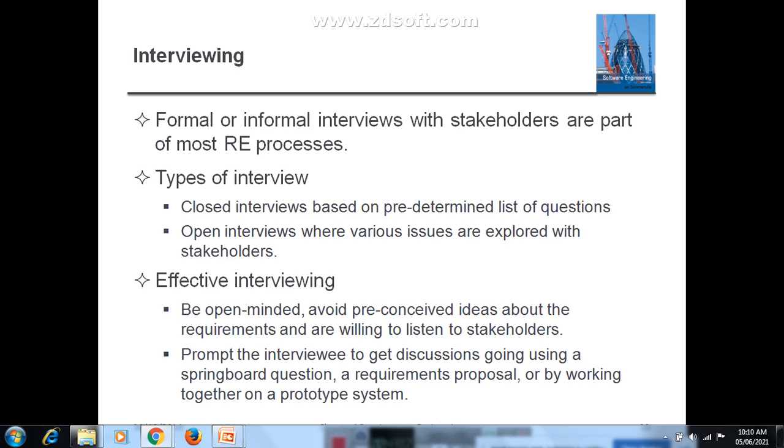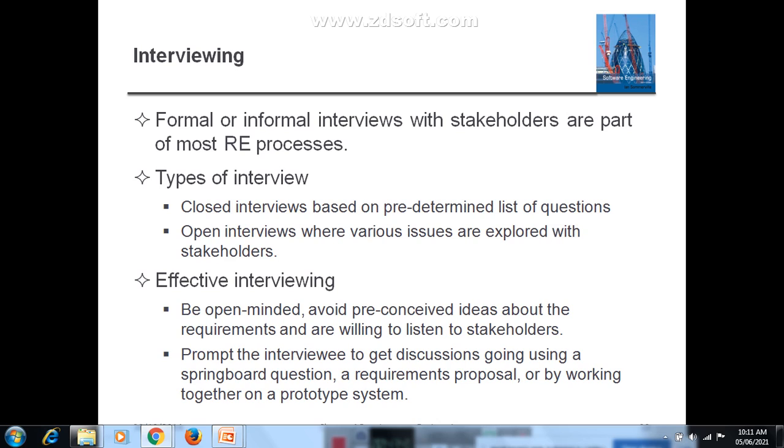What all the requirements are there? The proposal of those requirements will be given to the interviewee. Then, along with that, by working together on the prototype system. The stakeholders who are part of requirement engineering are going to work together on the prototype system. Already you know a prototype is just like a model. That is not the actual development.